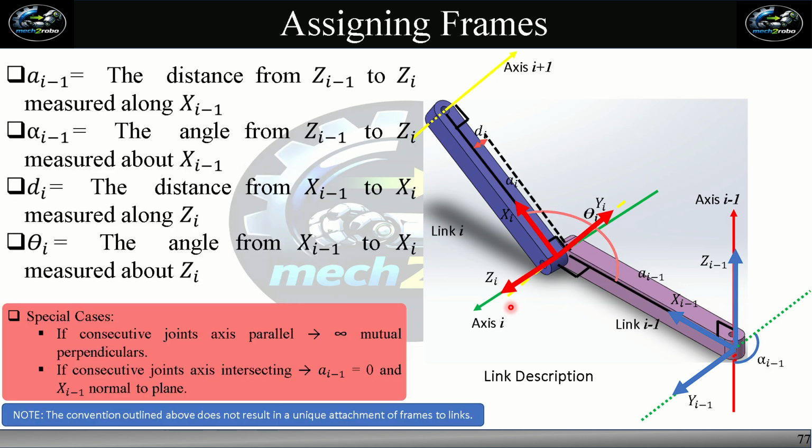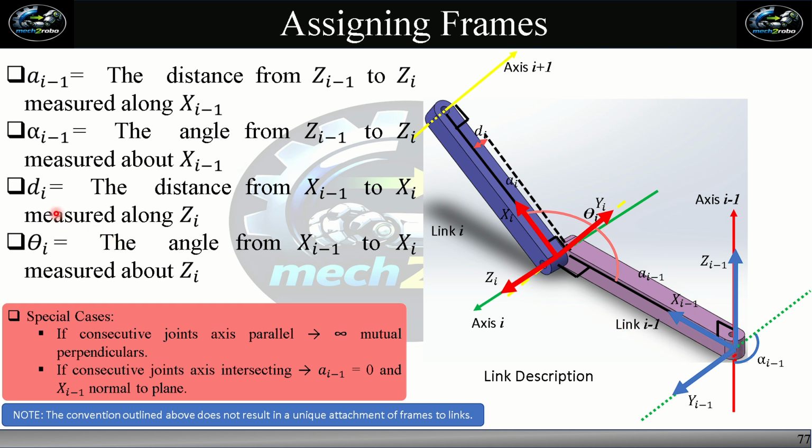And always keep in mind that a i minus 1 means the length of link i minus 1, the distance from z i minus 1 to z i measured along x i minus 1. The link twist angle alpha i minus 1 is the angle from z i minus 1 to z i measured about the axis x i minus 1.